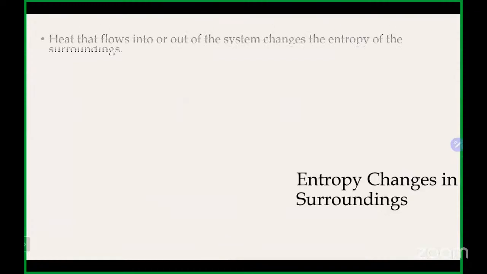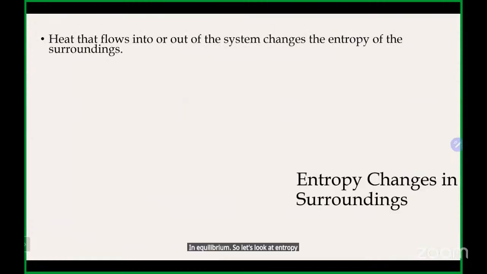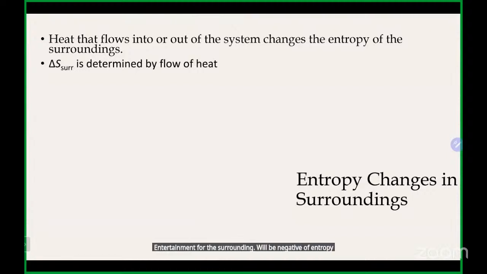So let's look at entropy changes for the surroundings. Entropy change for the surrounding will be the negative of the entropy change for the system.